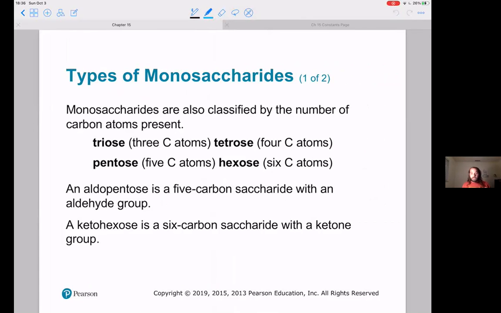So again, we can classify our monosaccharides as being either aldoses or ketoses. The other way that we can classify them is based on how many carbons they have. If it has 3 carbons, it's a triose. 4 carbons is a tetrose. 5 carbons is a pentose. And 6 carbons is a hexose.